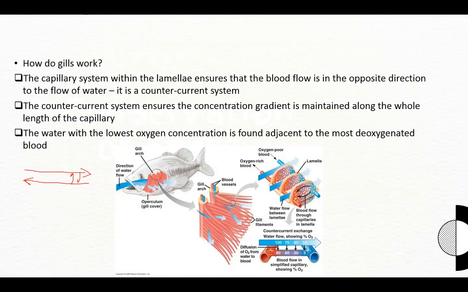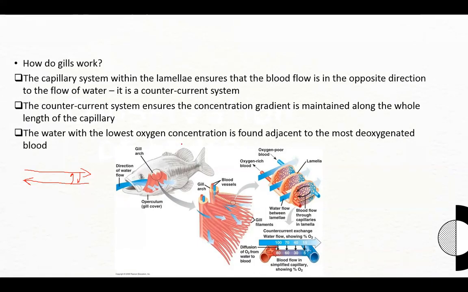So oxygen can come into the blood and be moved immediately. So we're ensuring that there is always a concentration gradient, and that way, most of the waste material, for example, the carbon dioxide, will be removed from the fish, and most of the oxygen could be absorbed into the blood.